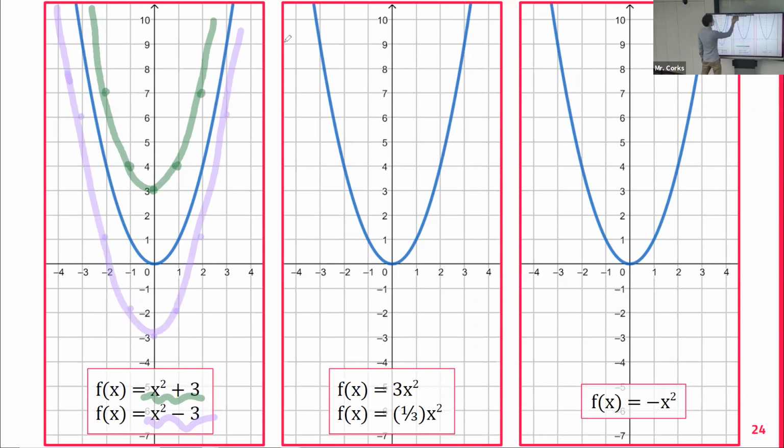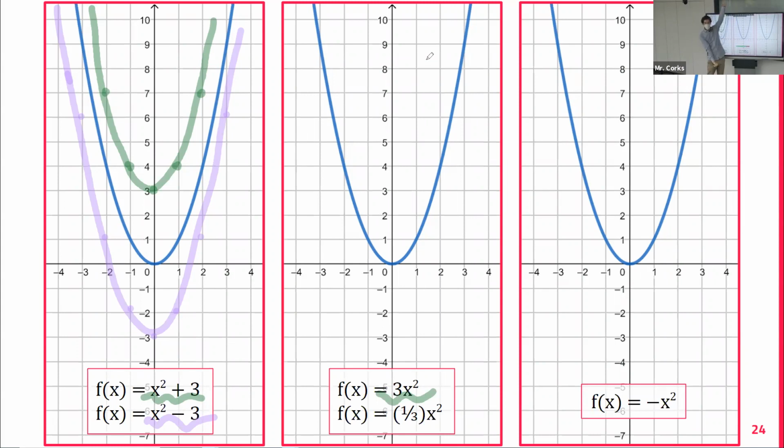Next one. So now we have an ax². The a term is the coefficient, and now it's a 3x². What's going to happen with this graph? Okay, so it's going to look like it gets thinner. Visually, that is what's happening. Mathematically, it's a vertical stretch.